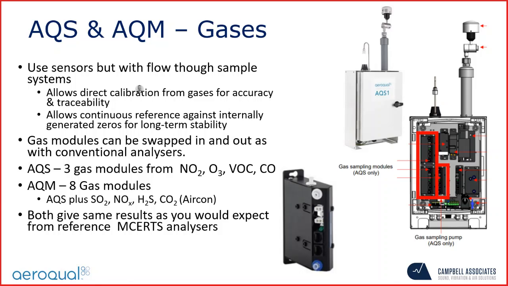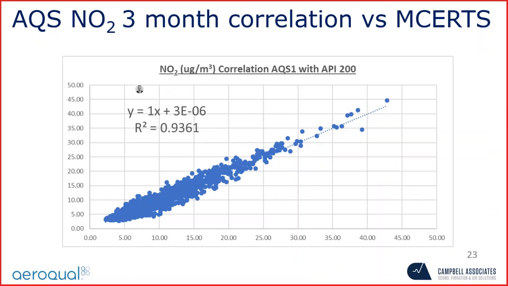The main thing is that both units will give you the sort of data that you would get from MCERT's analyzers. So this is the correlation for NO2 between an AQS1, which was co-located next to our reference analyzers.